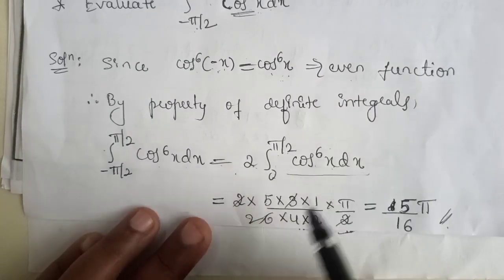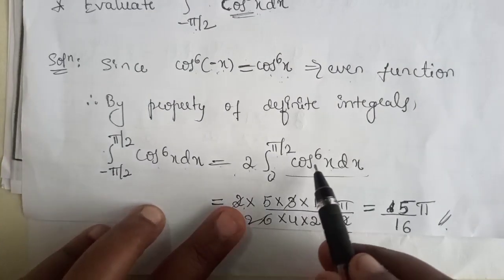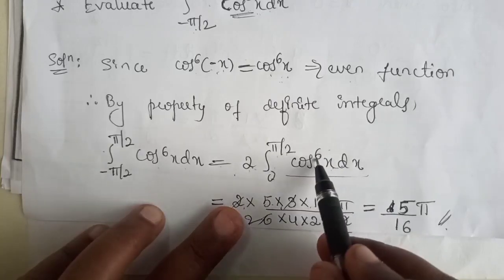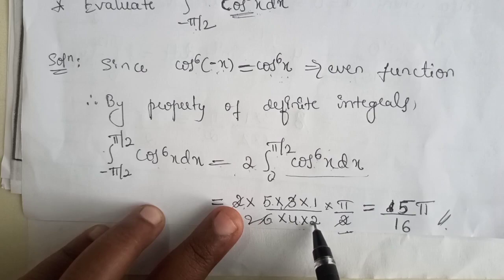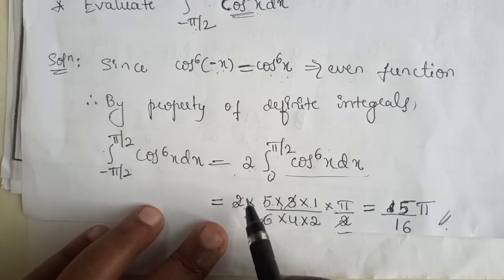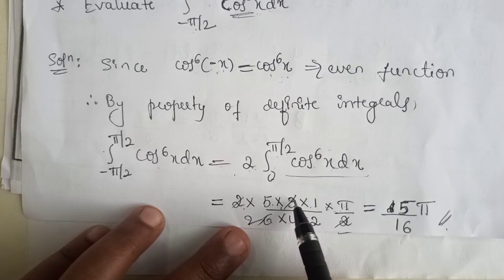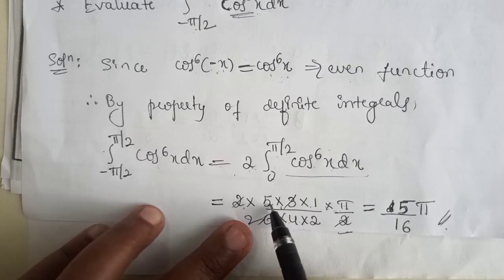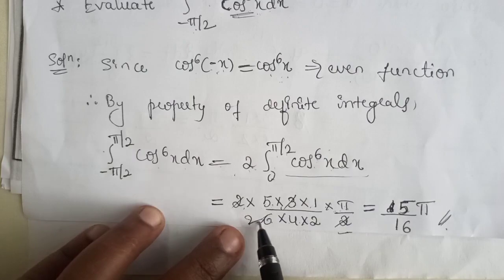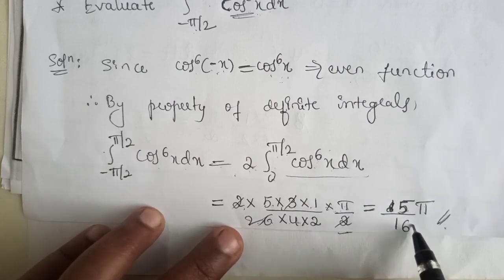We get 2 as it is, 6 minus 1 is 5 into 3 into 1, denominator 6 into 4 into 2, into, since 6 is an even number, we multiply it by pi by 2. Simplifying, the 2 cancels; three 1s are 3 and 2s. Therefore in the numerator we get 5 pi, denominator 2 into 4 into 2, which equals 16.